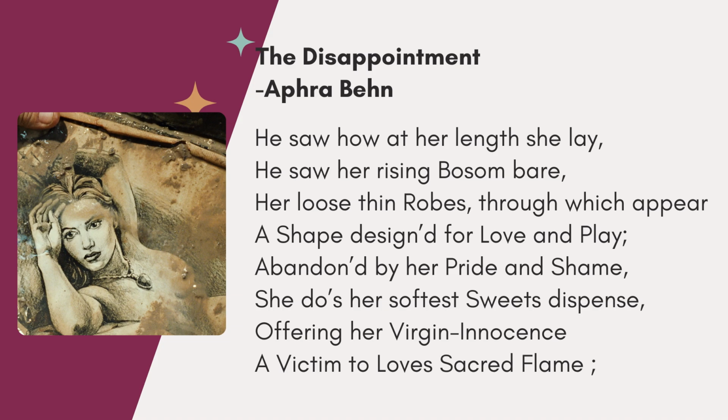Here is a poem by Aphra Behn, entitled The Disappointment. If you read this, you will notice that the topic is all about a sexualized woman, and this is a perfect example of a writer or playwright exploring taboo topics.